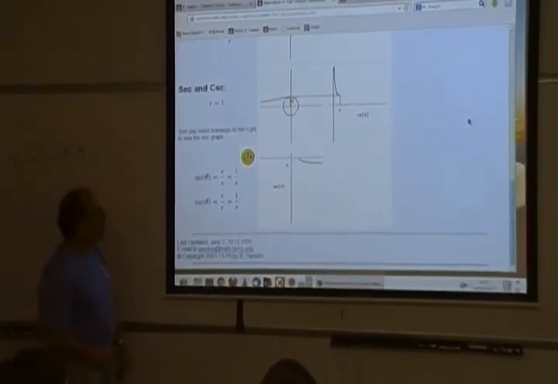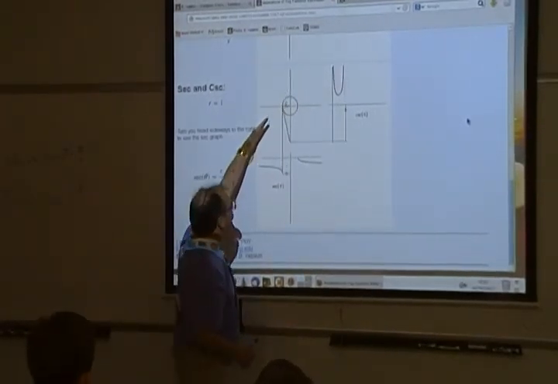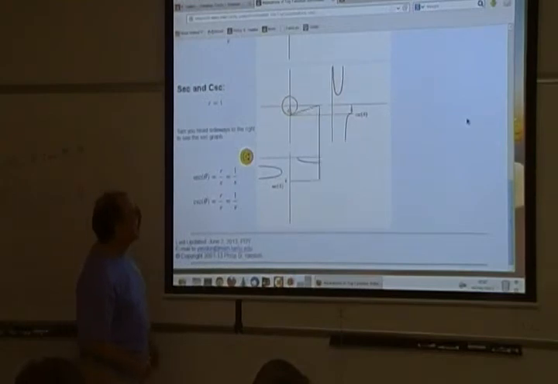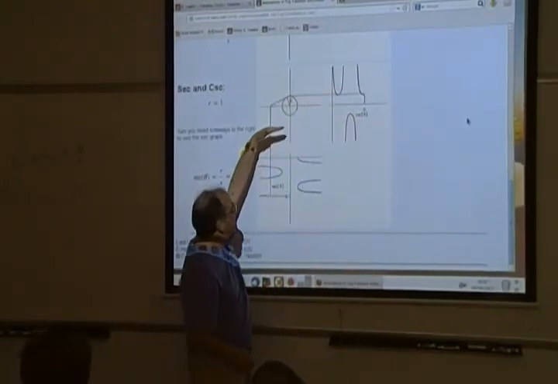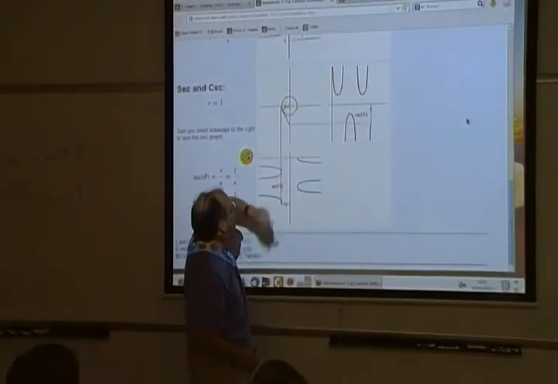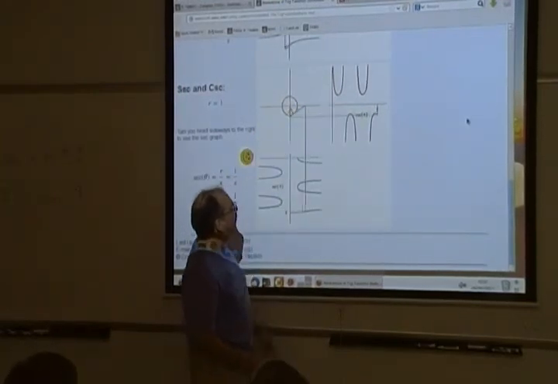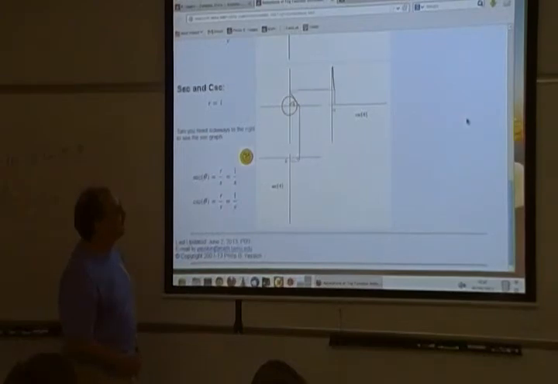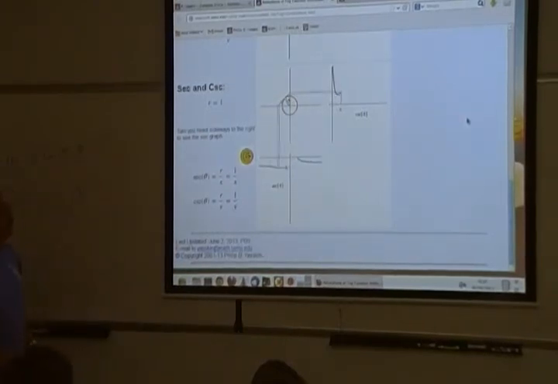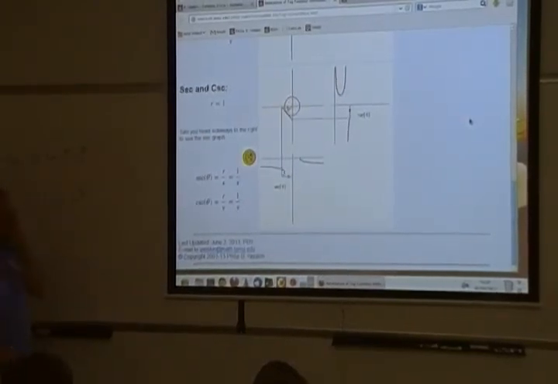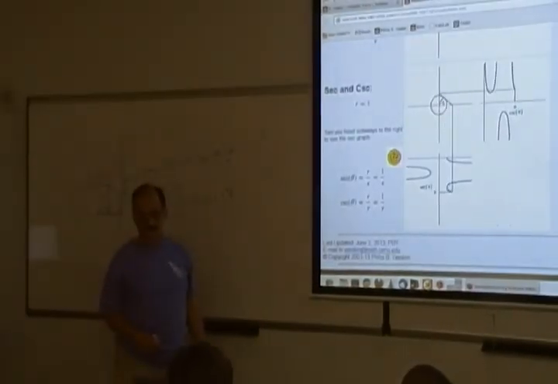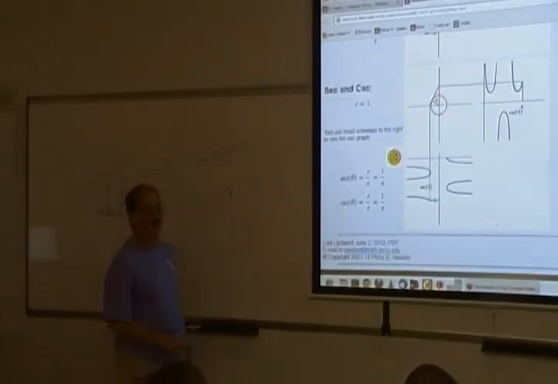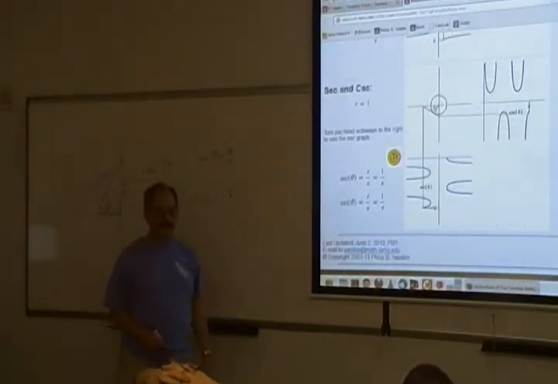And they are done by constructing the circle, putting out the ray at angle theta, doing the tangent line at that point, and seeing where it intersects the x and y axes. And those points on the x and y axes will be the secant and cosecant. Okay? Once again, that requires a proof.